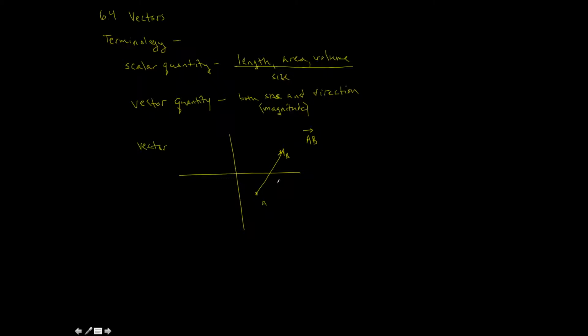And so we can have vectors all over the coordinate plane that have the same magnitude and same direction as this vector. We could have one up here that has the same magnitude and same direction. This could be CD, so to speak. In other words, it's the same size and it's going in the same direction.